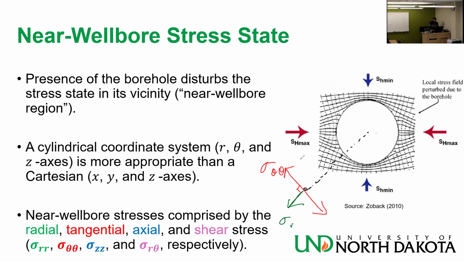So we did the radial, we did the tangential. Let's do the axial. The axial will be the direction of the wellbore. So I'm going to put a big cross here, which signifies an arrow going inside the plane of the screen, along the wellbore, parallel to the wellbore.